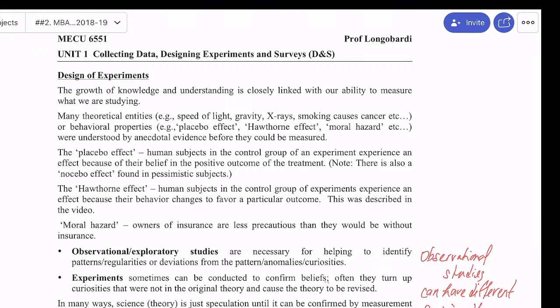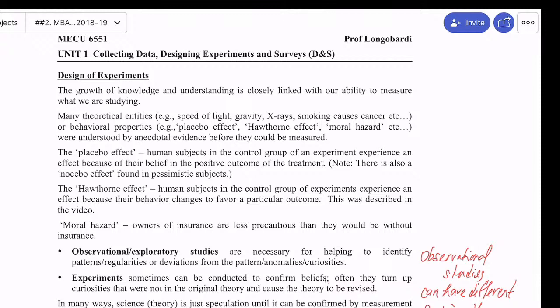So the placebo effect is actually human subjects in a control group of an experiment, because of their very belief in the positive outcome of the treatment, experience positive health effects. But otherwise, they did not receive the treatment.